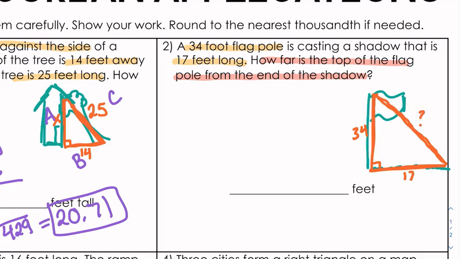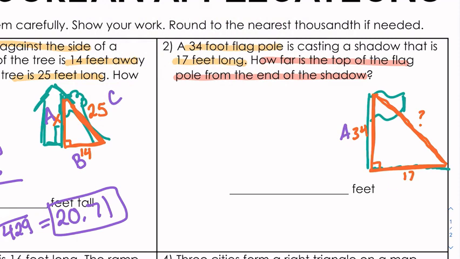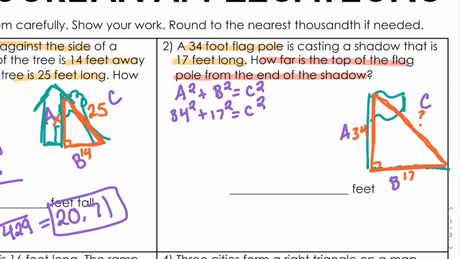So I'm going to put a little question mark there. Now we know our A, B, and C. Let's fill those in to our formula. Our A is 34, our B is 17, and we don't know C.